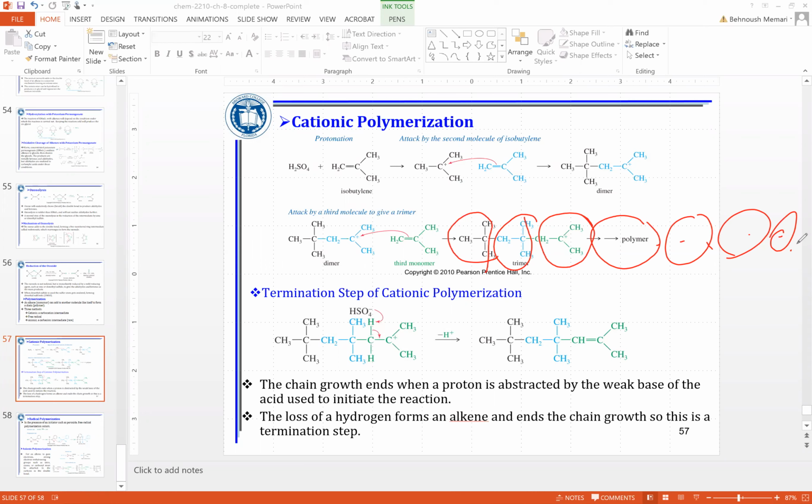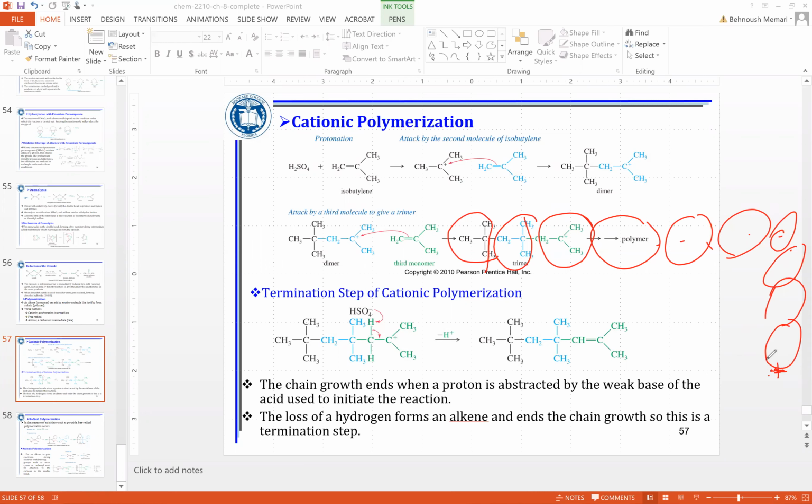What's going to happen to the last carbocation? If it forms here and you want to stop the reaction, then you have to have a termination step. You have to bring something to stop the reaction.